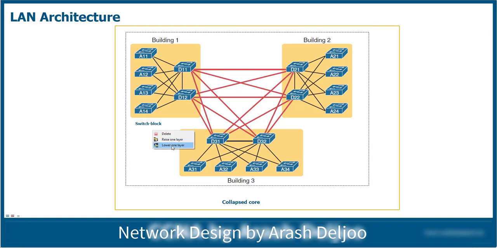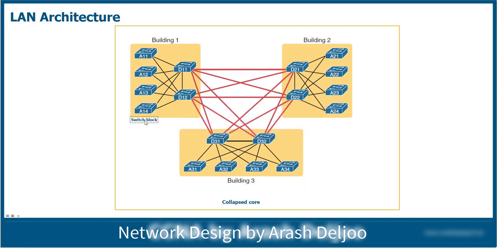How many ways are available for connecting multiple switch blocks to each other? For example, here we have three switch blocks and we want to connect these three switch blocks to each other. With a smaller number of switch blocks, for example, two or three switch blocks, and also with a limited volume of traffic, we can connect these switch blocks directly to each other.